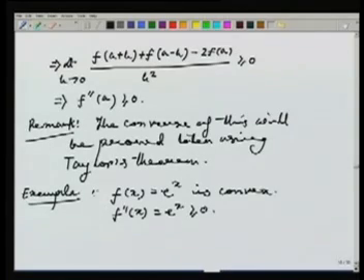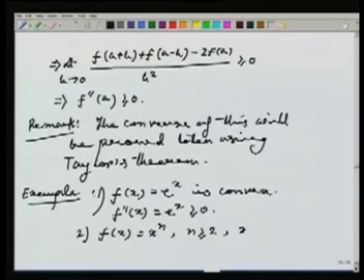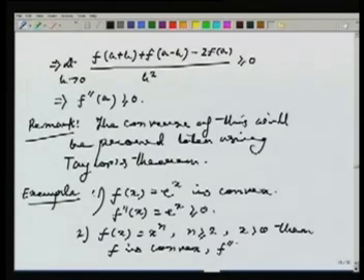For example, if I look at f of x equals x to the power n, where n is bigger than or equals to 2 and x is bigger than 0, then f is convex because the double derivative of f is n into n minus 1 into x to the power n minus 2.